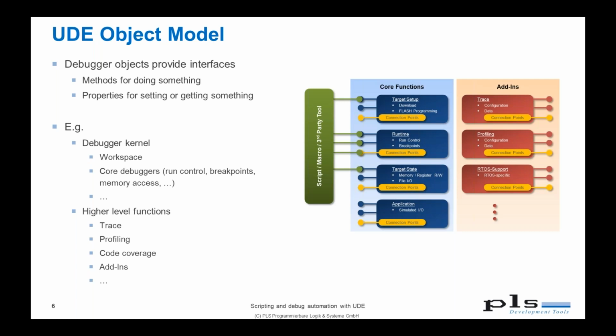All these things are also provided as interface methods and properties to the outside world, so you can use them in your scripts. Also, higher level functions provide interfaces, like trace for the profiling capabilities of UDE, code coverage, and also add-ins that can be licensed additionally to the basic UDE license, providing support for RTOSs, etc.